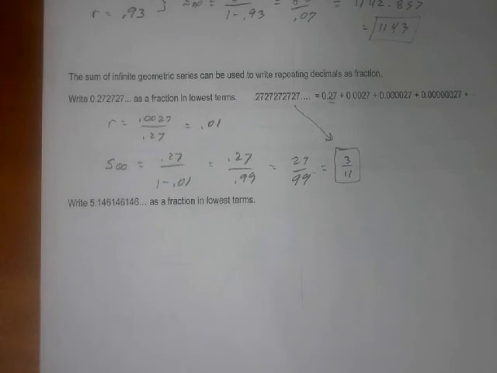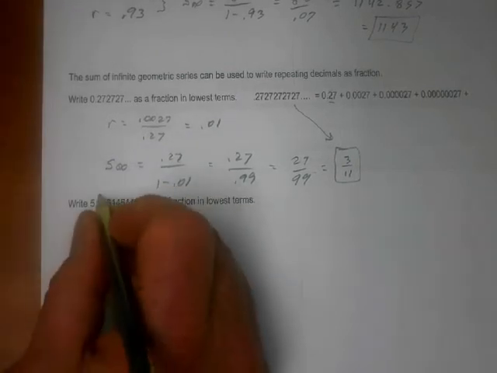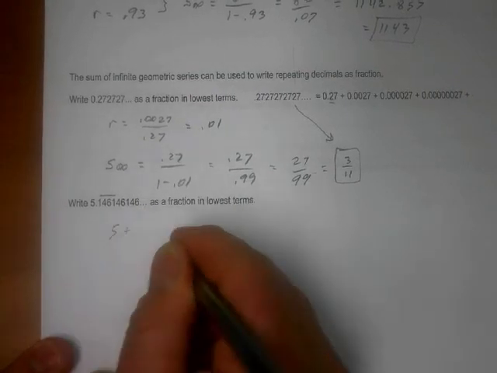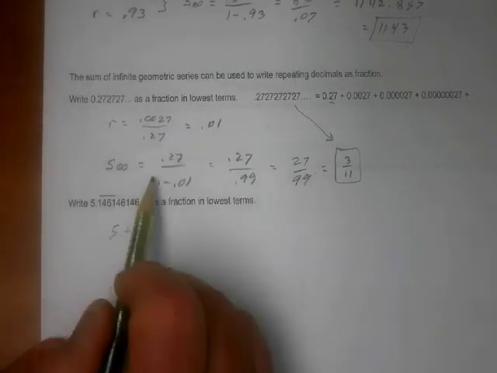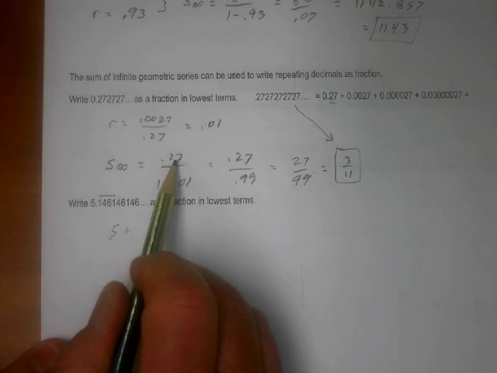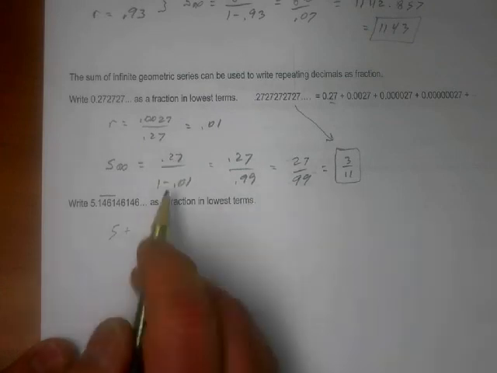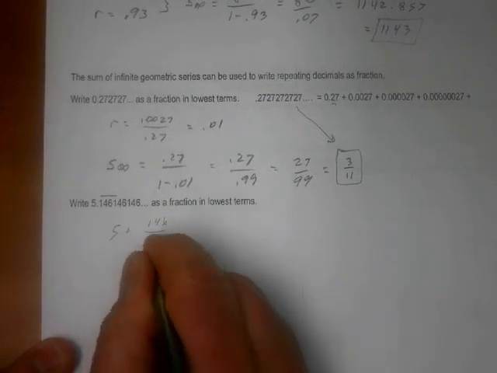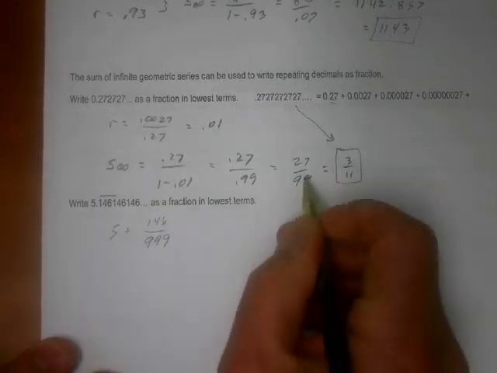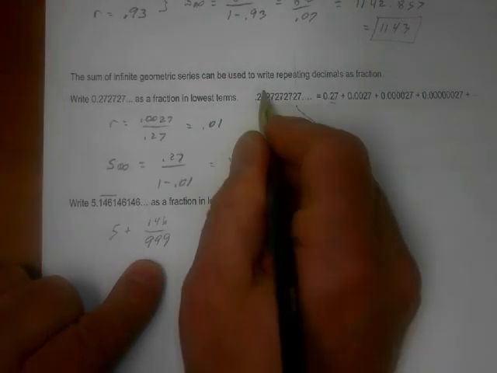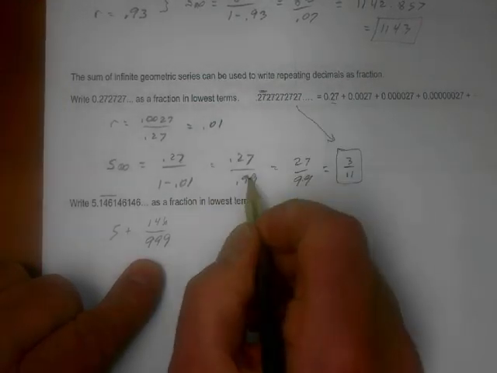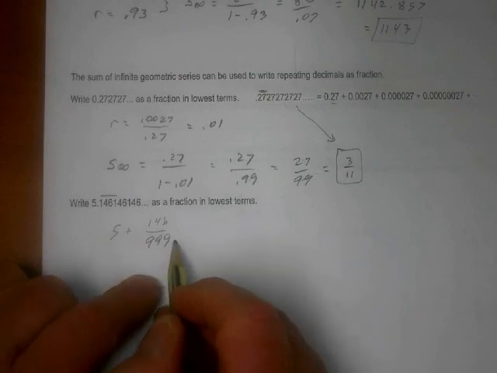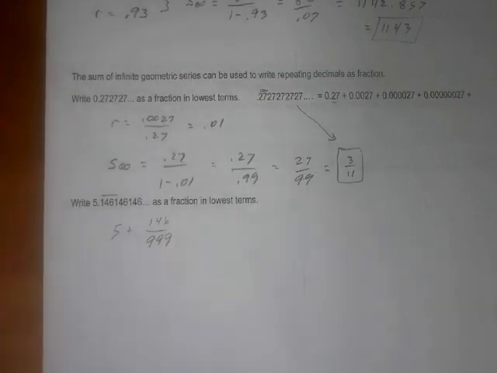Now we're going to do the same thing here. Notice we repeat 146, 146, 146, and so on. So the 146 is repeated. So that's going to equal 5 plus, now, I can take 146 and divide it by 999. That's the same idea as we had right here. See how I had this 0.27, write it over 0.99.